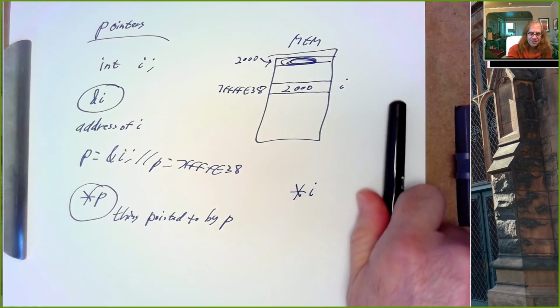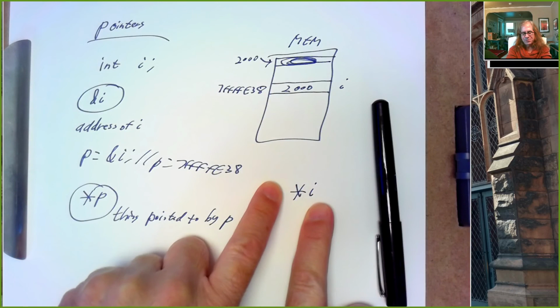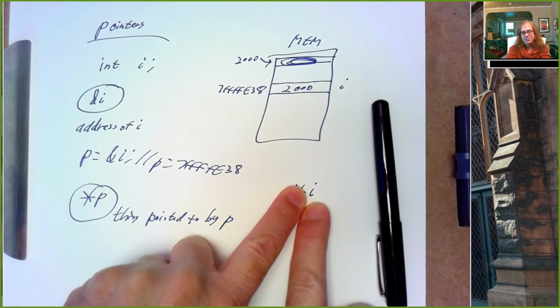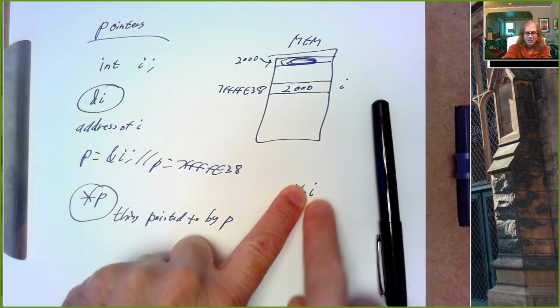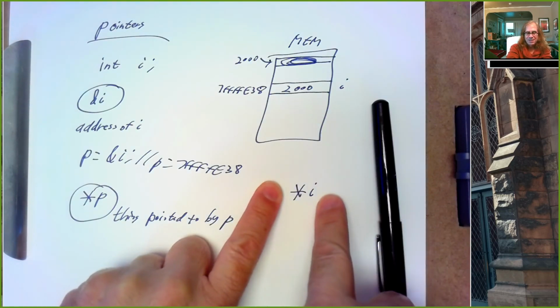So star lets us basically do an indirect reference. It says, hey, I'm not interested in I, I'm interested in the thing that I is pointing to. So find the value of I, but don't stop there. Find the value and treat that as a memory location. Tell me what's at that memory location.